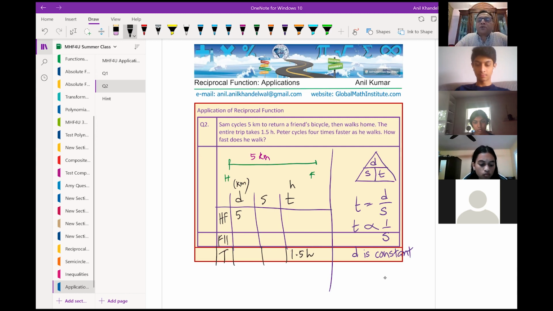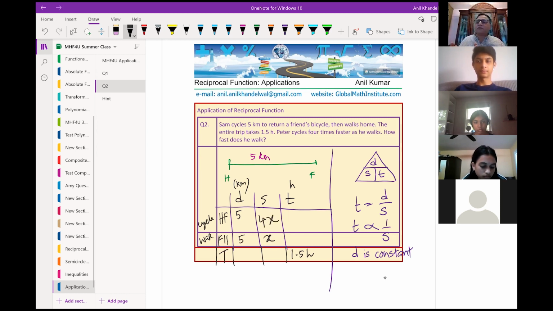Sam cycles 4 times faster than he walks. That means if the walking speed is x, then cycling is 4x. Because he walks back, the 5 kilometers return is walking, and this one is cycling.